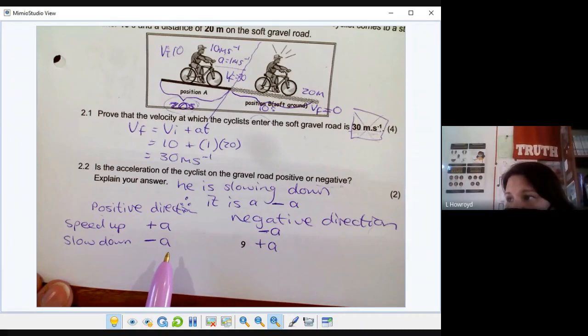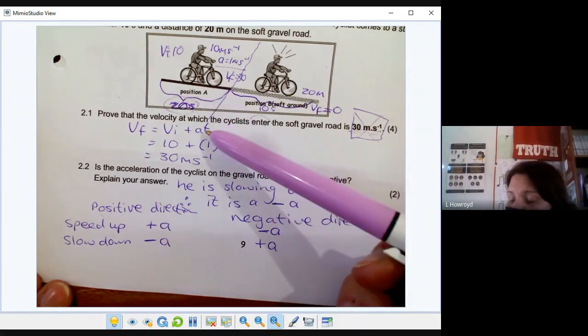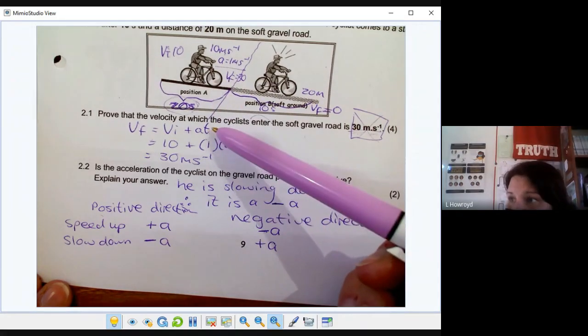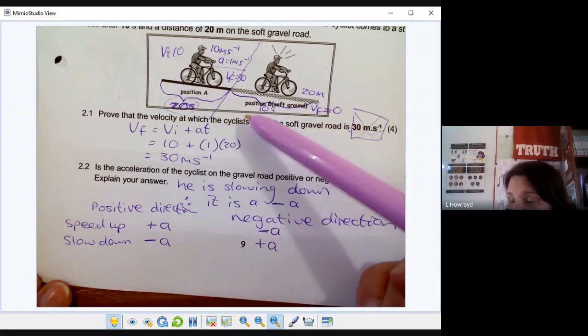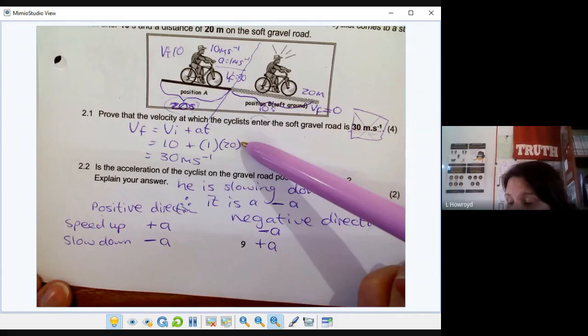If I write down my equation, then I did something wrong. If you chose the correct formula, then you get that mark. If you substituted correctly, you will get that mark.